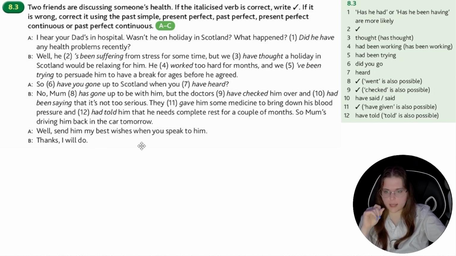What can I add here? When you speak to him, attention, please, that we use present simple here, even though we are talking about the future. Because when you speak to him, we've mentioned it previously. Have told if it is connected with the present, and told if it's just a fact in the past.